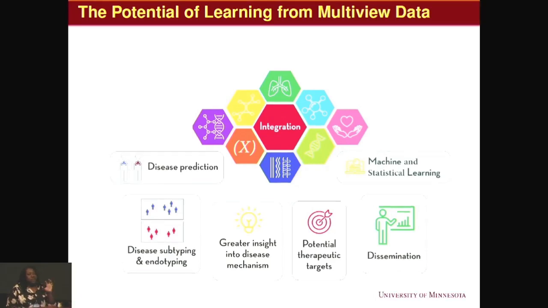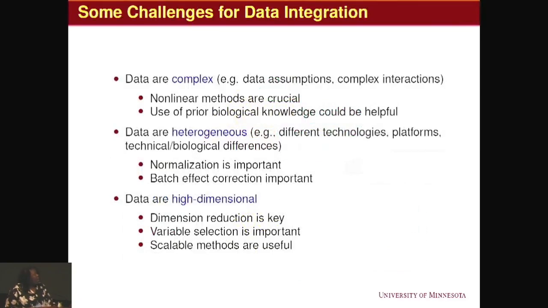I'm going to focus on some of the methods that we have developed for biomarker identification or disease prediction. But integrating data from different sources comes with some challenges, and that could be due to the complexity of the data, the heterogeneity in the data, and the high dimensional nature of the data. By data complexity, I'm thinking about the assumptions that drive the underlying data.